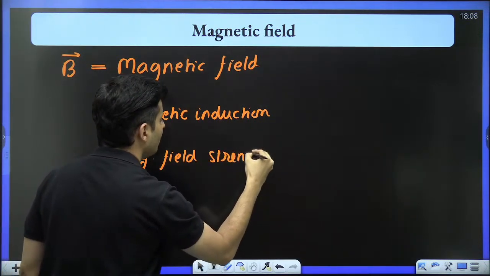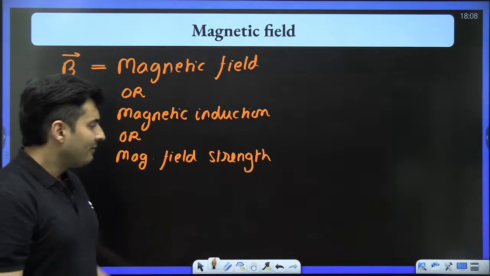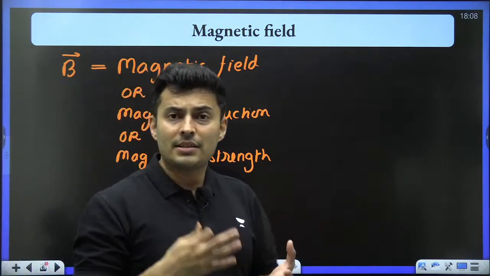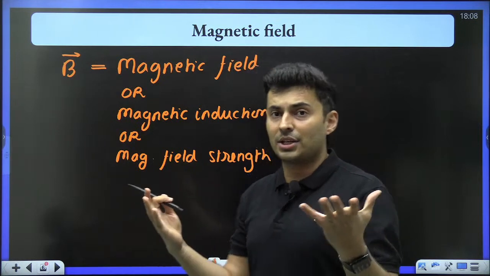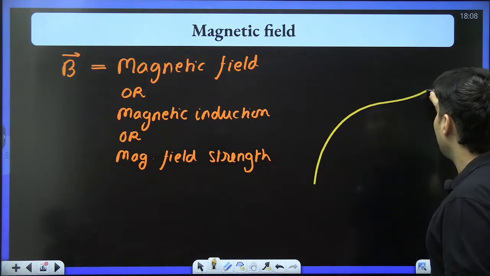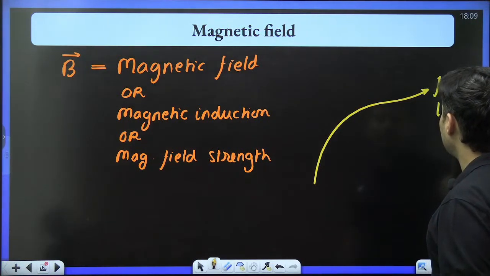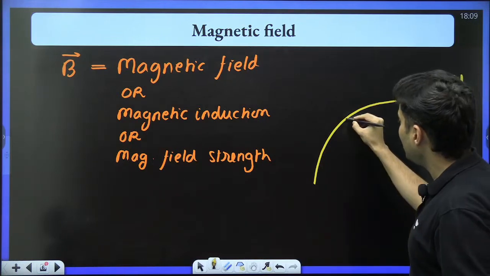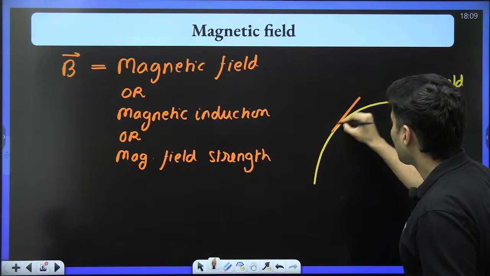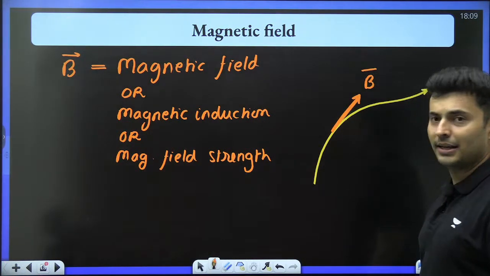All of them mean the same thing, exactly the same thing. Whenever we talk about magnetic field, remember it is a vector quantity, it will have some direction. So if this is your field line, then if I take any point on this and draw a tangent, that tangent gives me the direction of the magnetic field.